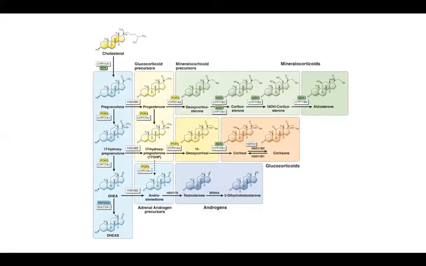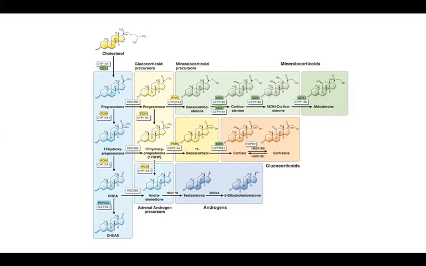This is the cholesterol pathway, the steroid synthesis pathway, and this is the most important physiological pathway that we need to remember in the adrenals. There is no escape from this chain. We know that cholesterol is the beginning point, and from cholesterol the various steroids are synthesized. Cholesterol is first converted into pregnenolone.